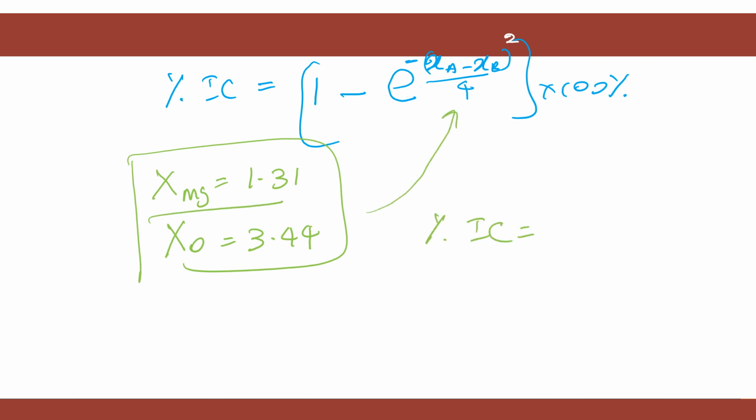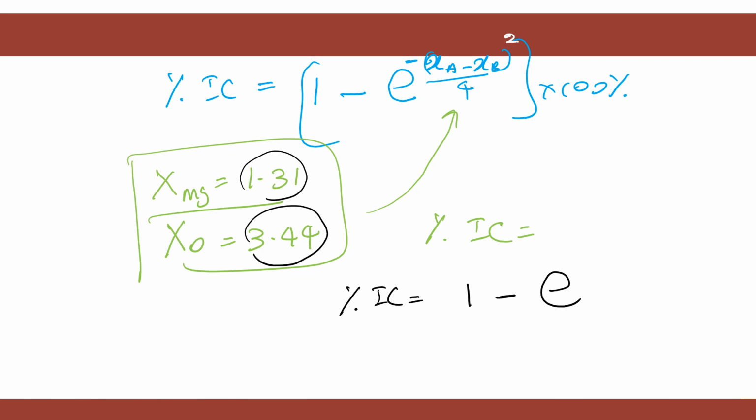What is that? I think it's 70 something, isn't it? If we all get the same numbers, I have to check. I don't have the answer here. Let's check all together. Percentage ionic character is 1 minus... It doesn't matter which one you consider, okay? So 3.44 minus 1.31.